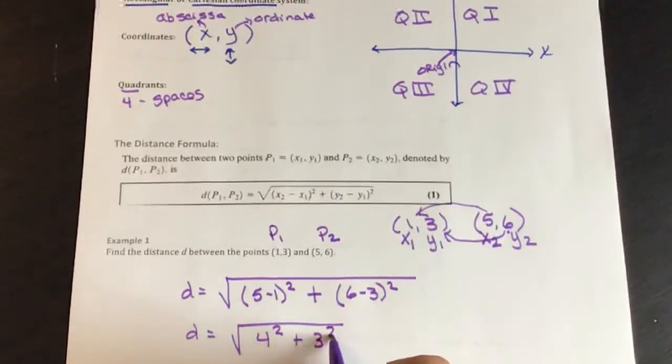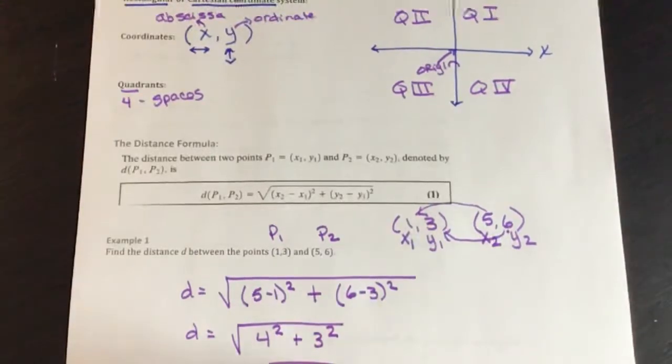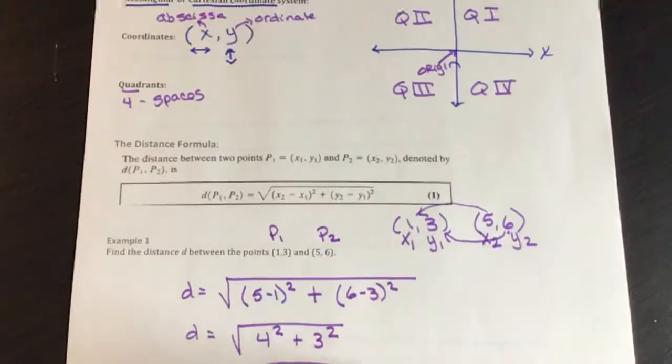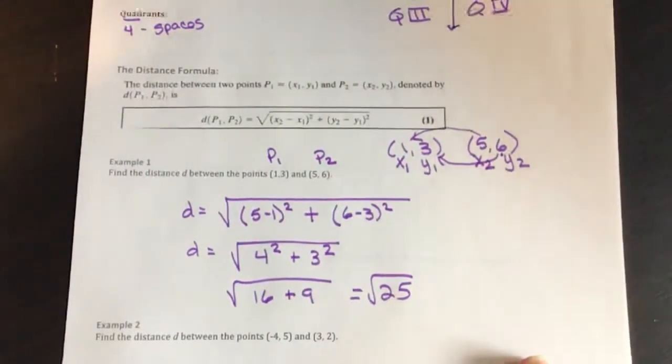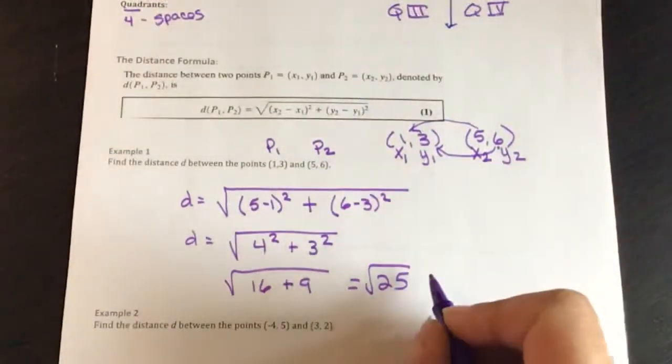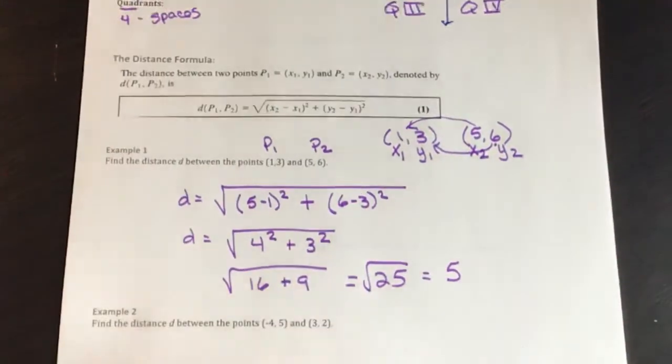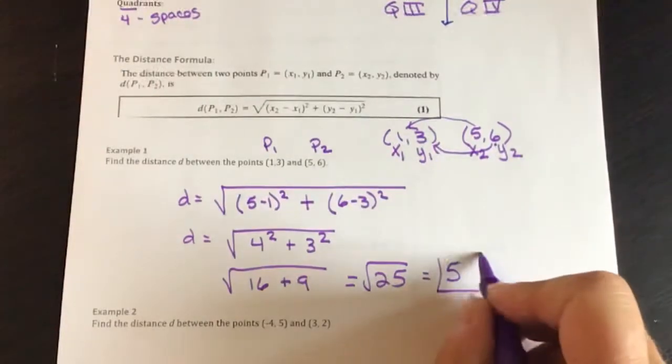I'll square that. This is 16 plus 9, which is 25. And I'm going to square root that. So I'm going to do the square root of 25, and we get 5. And some of you remember that when we take a square root, we have a positive and a negative value. But since we're talking about distance, we always will have a positive value. So here our answer is 5.